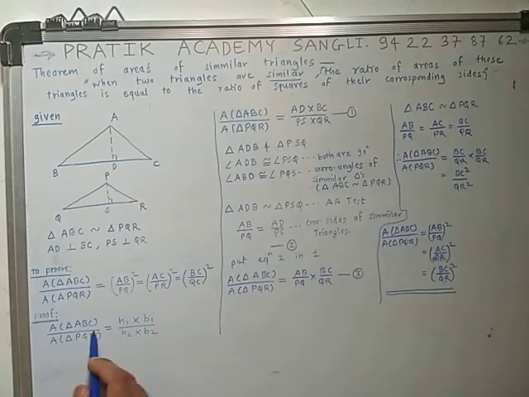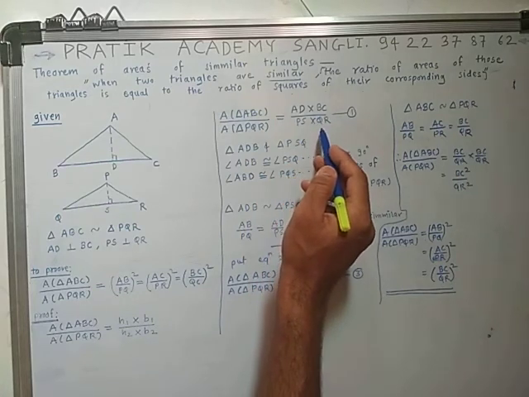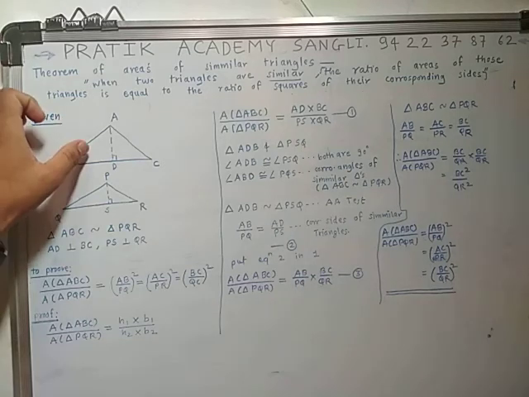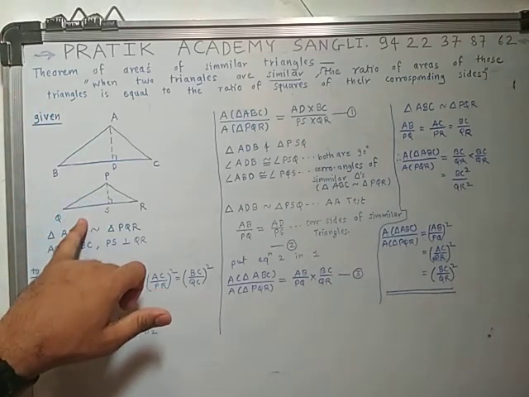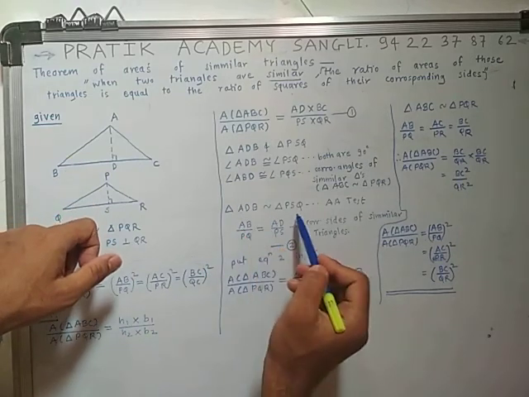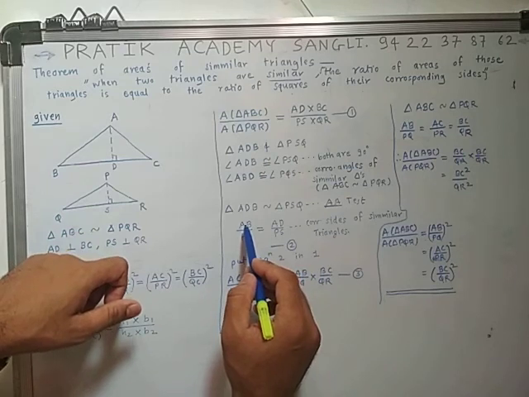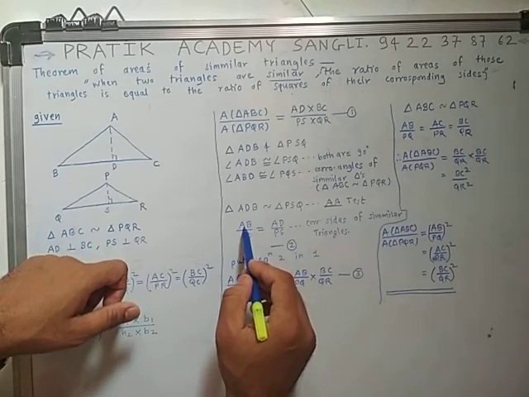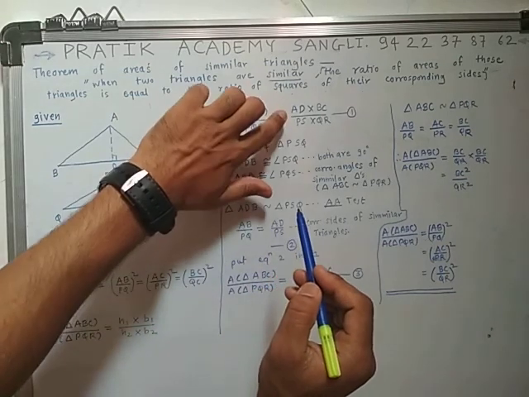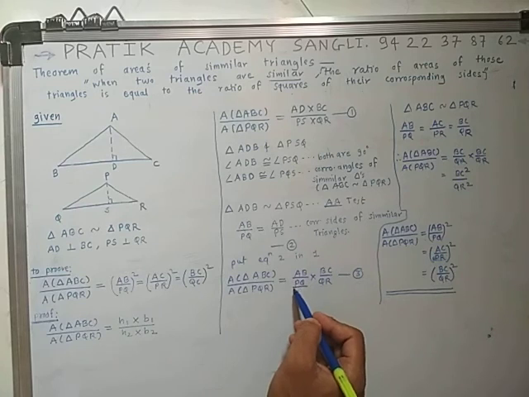So here our ratio becomes AD into BC upon PS into QR. Then we have taken two triangles here, ADB and PSQ. We showed these two triangles are similar by the AA test, and from this we get the ratio of corresponding sides, AB upon PQ is equal to AD upon PS. So we have replaced AD upon PS by AB upon PQ.